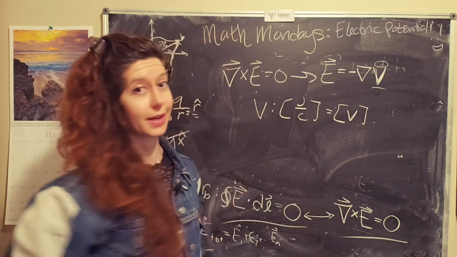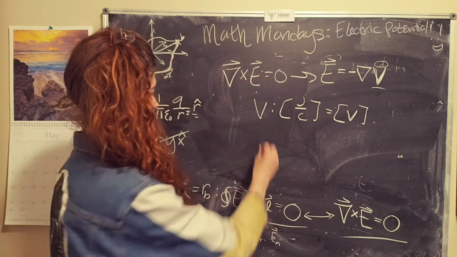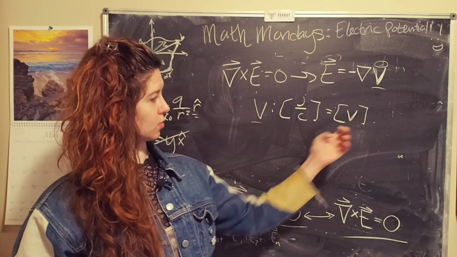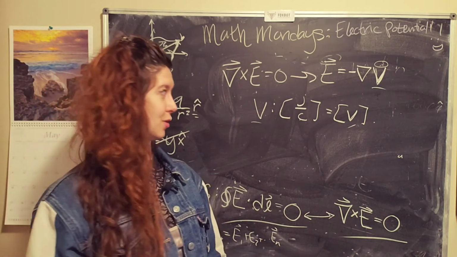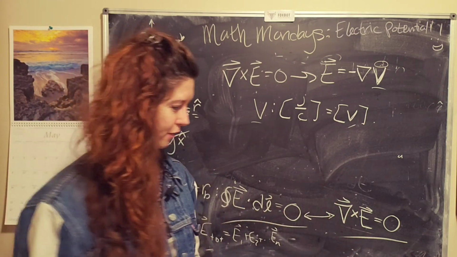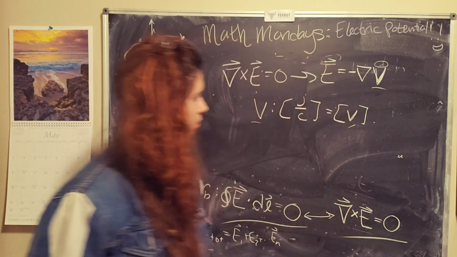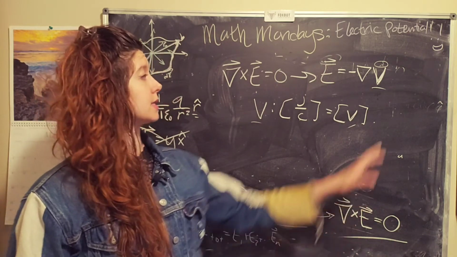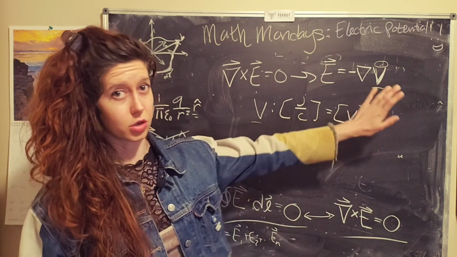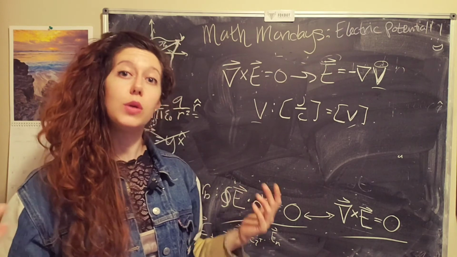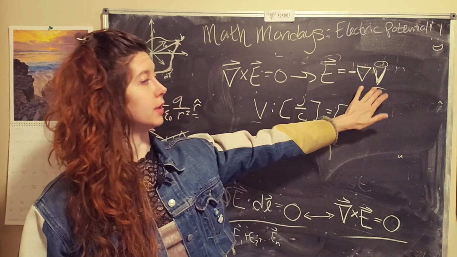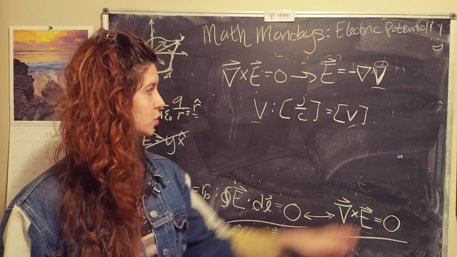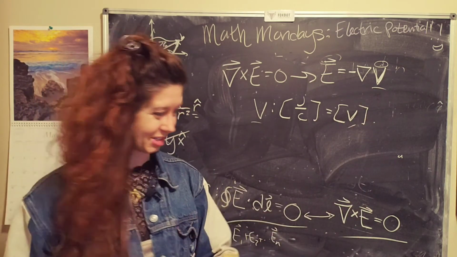I think this is kind of confusing because the potential uses the letter V to represent it, and the volt is also V, so electric potential has units of V. That's pretty fun. But the key point I want to make here is that oftentimes it's way easier to find the electric potential, and then if you need the electric field, get to it using the potential. So if you can find V, do it.